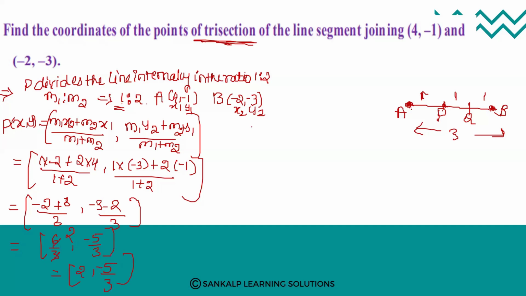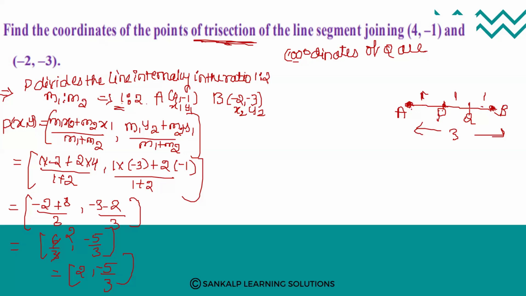Now the coordinates of the points of trisection. P and Q are called trisection points. Now the coordinates of Q. If the point P divides the line in the ratio 1:2, like that Q divides the line in the ratio 2:1.